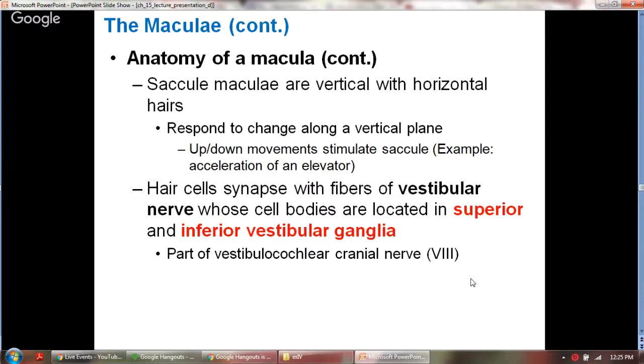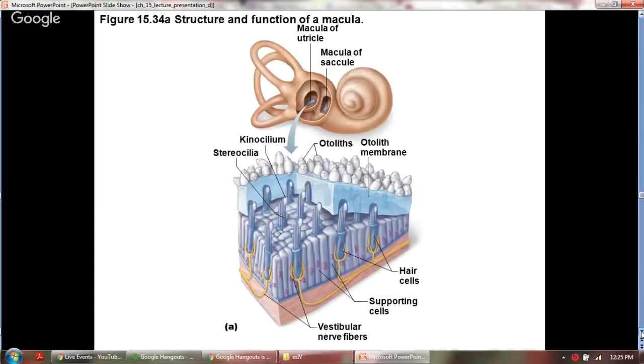as such. The hair cells synapse with the fibers of the vestibular nerves, and the vestibular nerve cell bodies are located in the superior and the inferior vestibular ganglia. That is part of the vestibulocochlear cranial nerve. Here it shows the structure and the function of the macula.